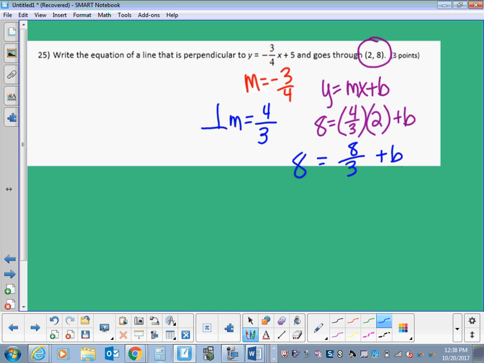Divide? Yep, let's subtract 8/3 from both sides. So someone tell me, what is 8 minus 8 over 3? Put your fraction in the parentheses. What is it? Did we all get 16 over 3? All right, so what is your equation now?